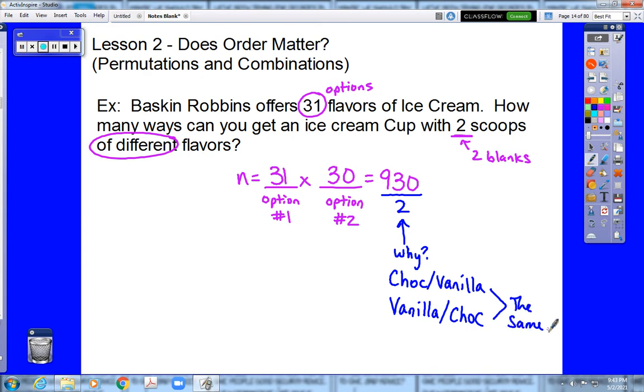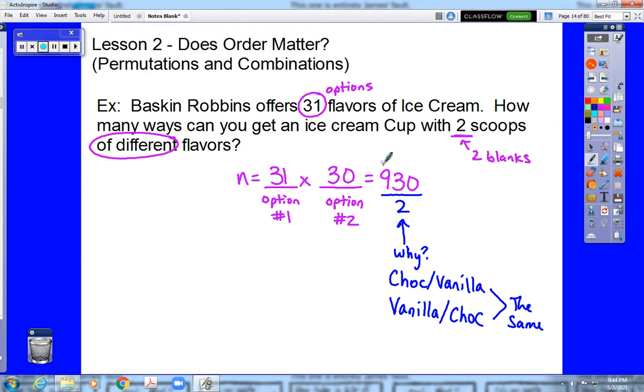And using the same logic, all 930 options that the fundamental counting principle comes up with have a duplicate in the list, which means that in order to eliminate duplicates, we need to divide by 2, which means the actual answer to this problem is there are 465 options.